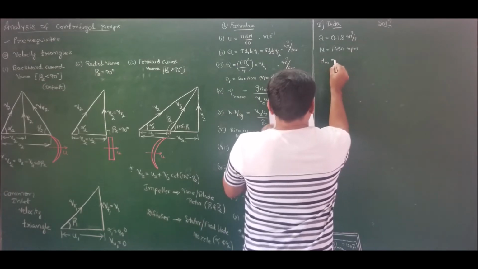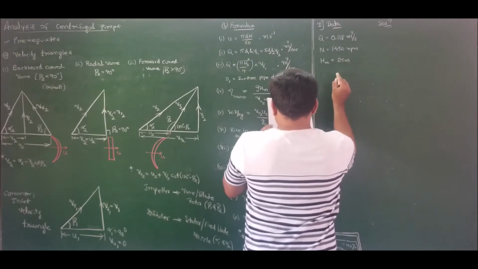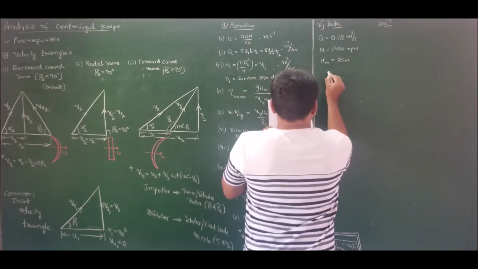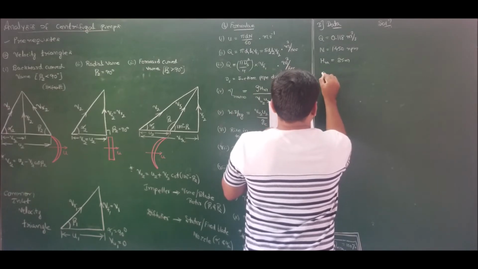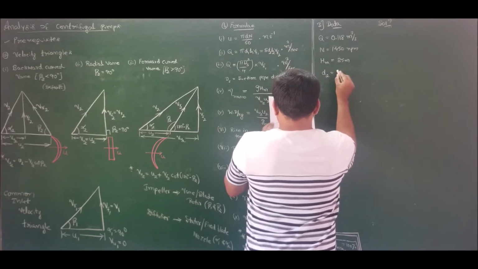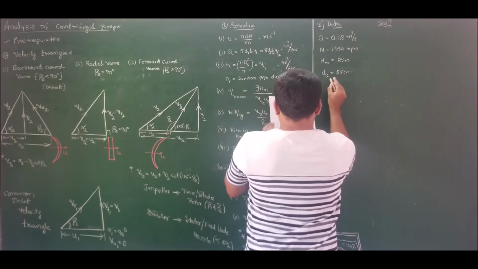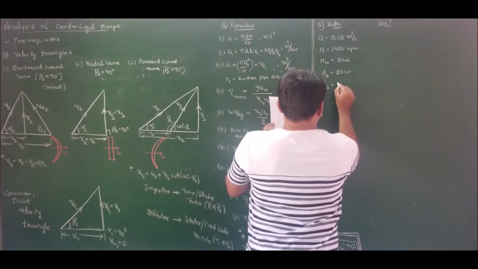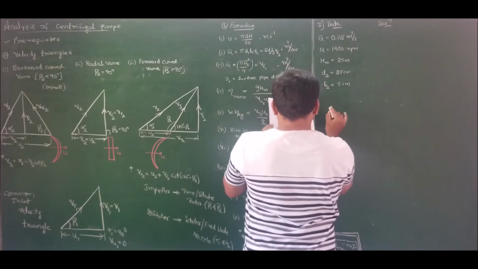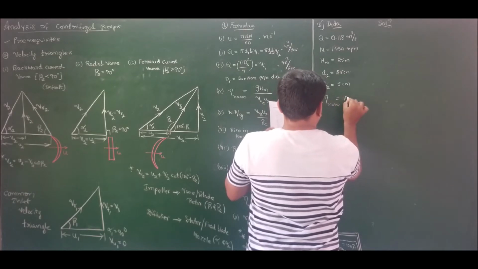Manometric head is given, which is 25 meters. And the impeller diameter is 25 centimeter and width is 5 centimeter at outlet. He has given D2, which is 25 centimeters, and width b2, which is equal to 5 centimeter at outlet. He has also specified the manometric efficiency, eta mano, is 75%.